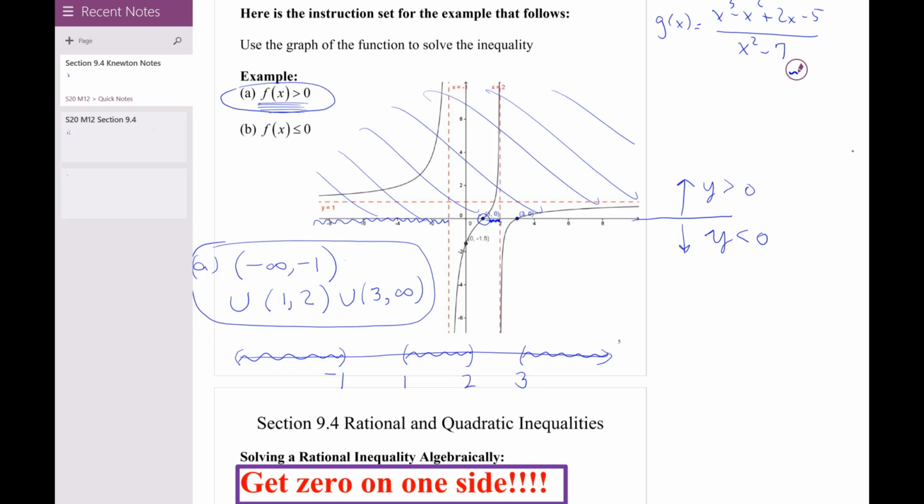Okay, so then the B part is where all the parts of the graph are where the y values are negative.